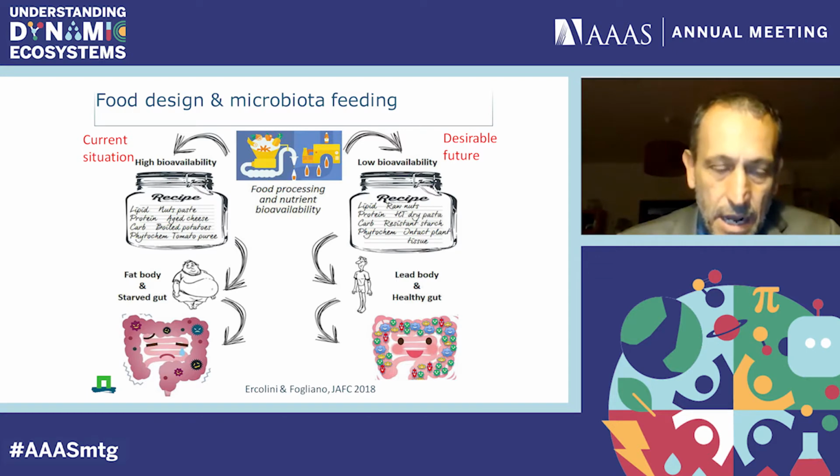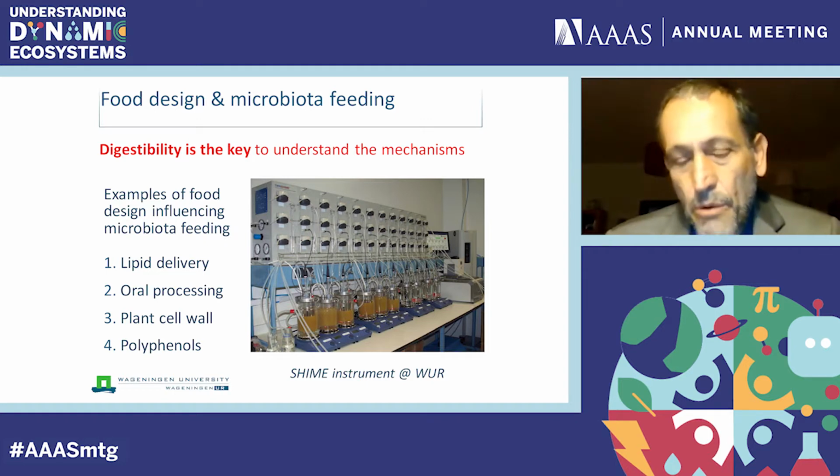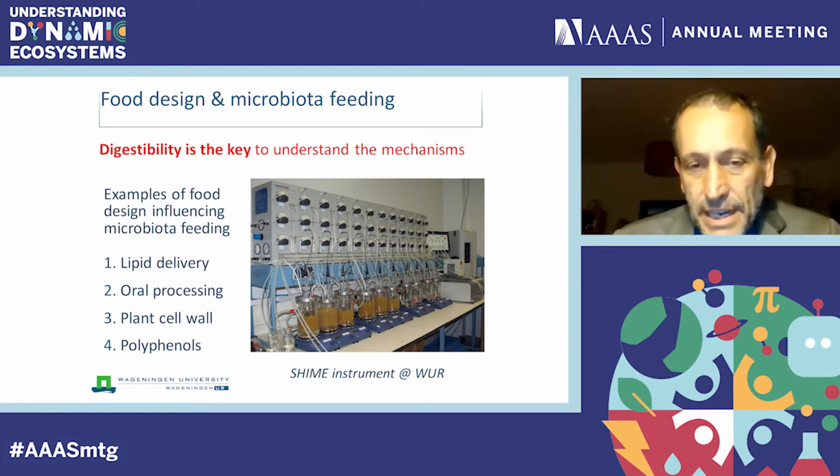Now I will give you some examples of how this translates in practice. Everything is around digestibility, because what is digested is broken into small pieces, becomes bioaccessible, and then generally bioavailable, so it's taken by the body.